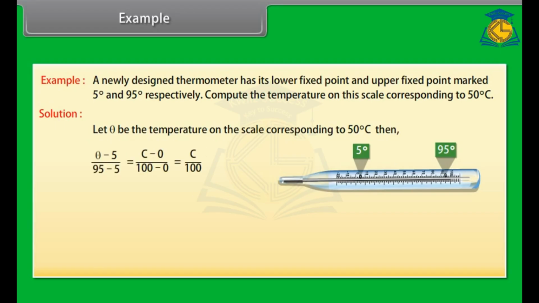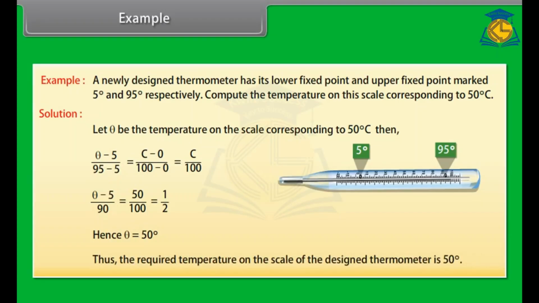Then (theta - 5)/(95 - 5) = C/100. On simplifying, we get (theta - 5)/90 = 50/100. Hence, theta is equal to 50 degrees. Thus, the required temperature on the scale of the designed thermometer is 50 degrees.